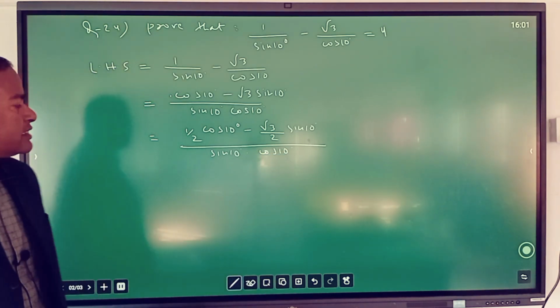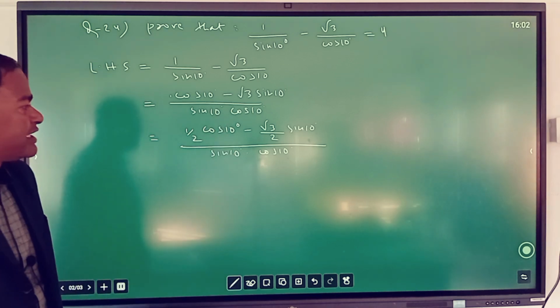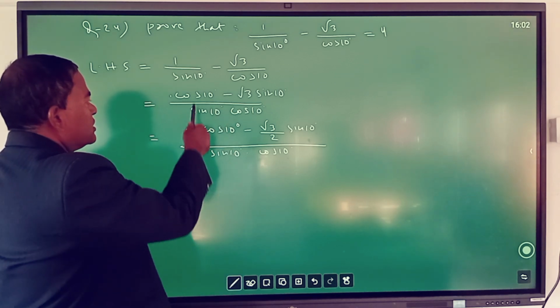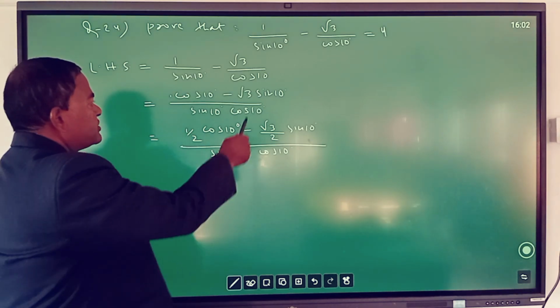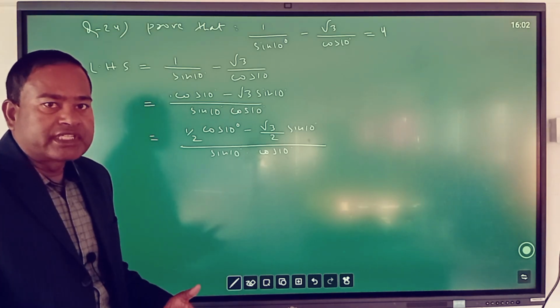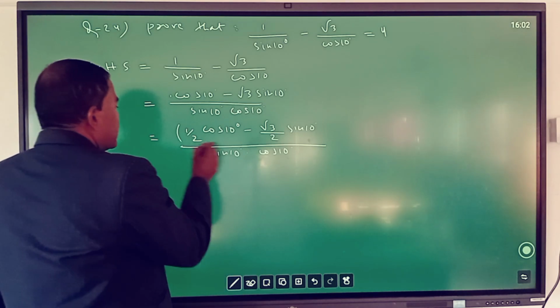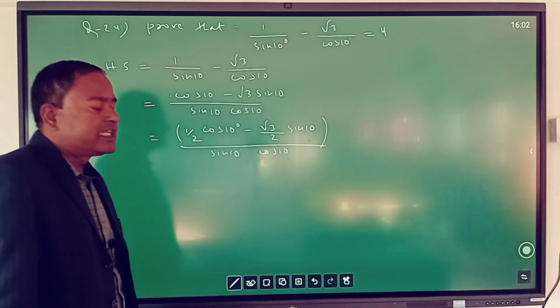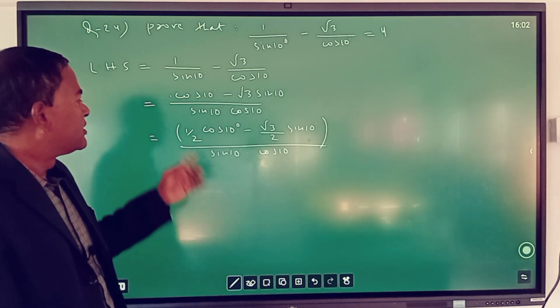So dear students, each term of the numerator we have divided by 2. So the coefficient of first term is 1. So when we divide 1 by 2, we get 1 by 2. And again, the coefficient of sin 10 degree is root 3. So if we divide root 3 by 2, we get root 3 by 2. Now, we have divided each term of the numerator, that means the upper expression, by 2.